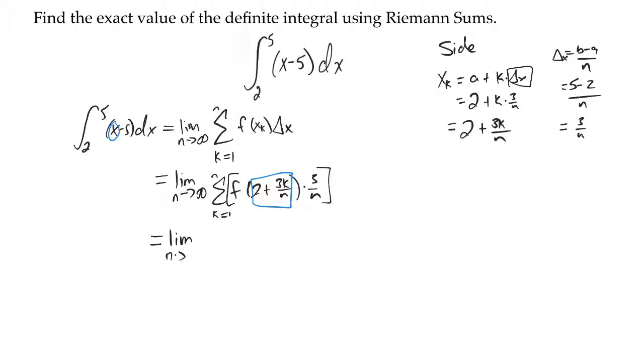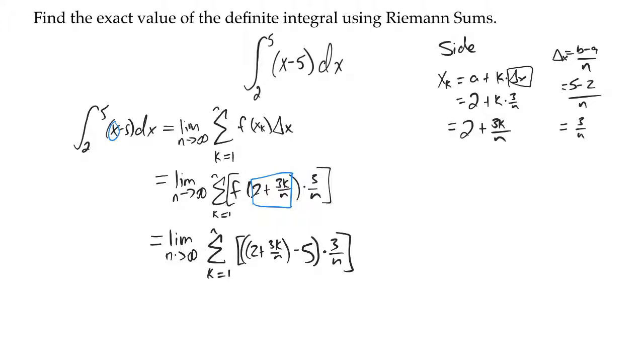So the limit as n goes to infinity of the sum of k equals 1 to n of 2 plus 3k over n minus 5, and then all of that times 3 over n.